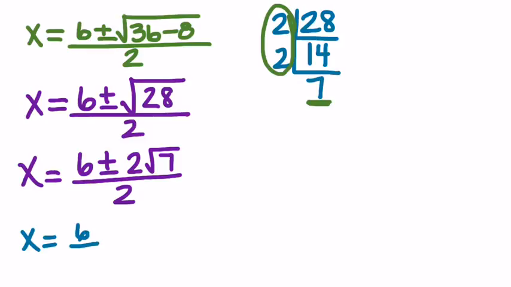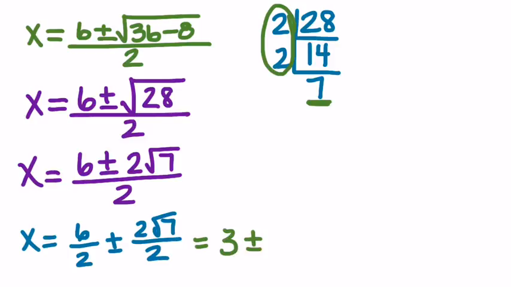So I could actually say 6 over 2 plus or minus 2 square root 7 all over 2. So then I know that 6 over 2 is equal to 3 plus or minus 2 over 2 is going to reduce and cancel, so this would just be the square root of 7.